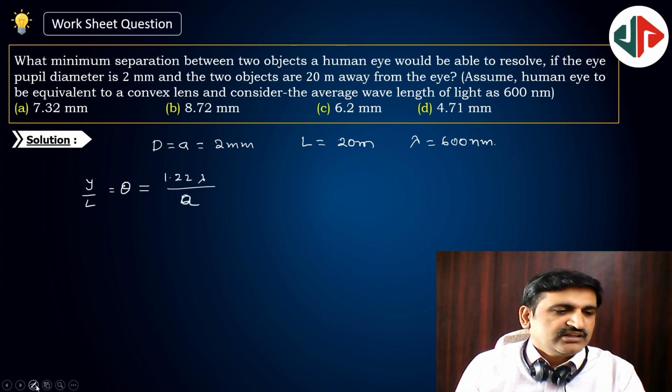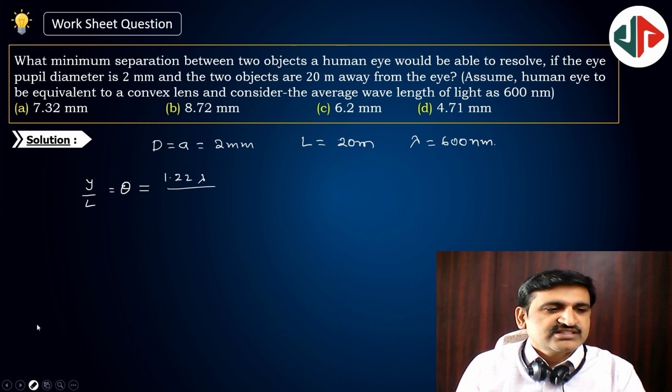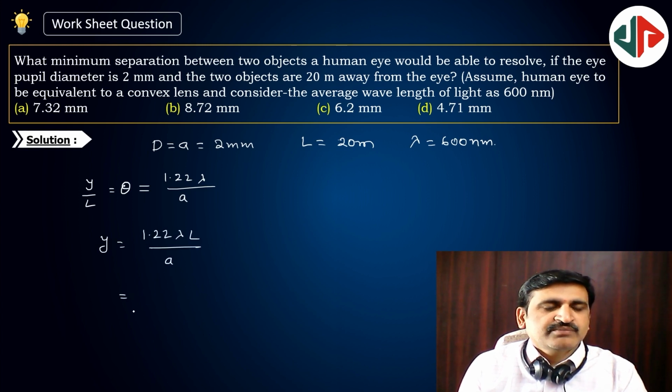I'll write it in a different way because both symbols will give you confusion. So this is A. y is equal to 1.22 lambda L by A. Some people will use capital D instead of L, but I will use a different symbol because small d and capital D will give you confusion.